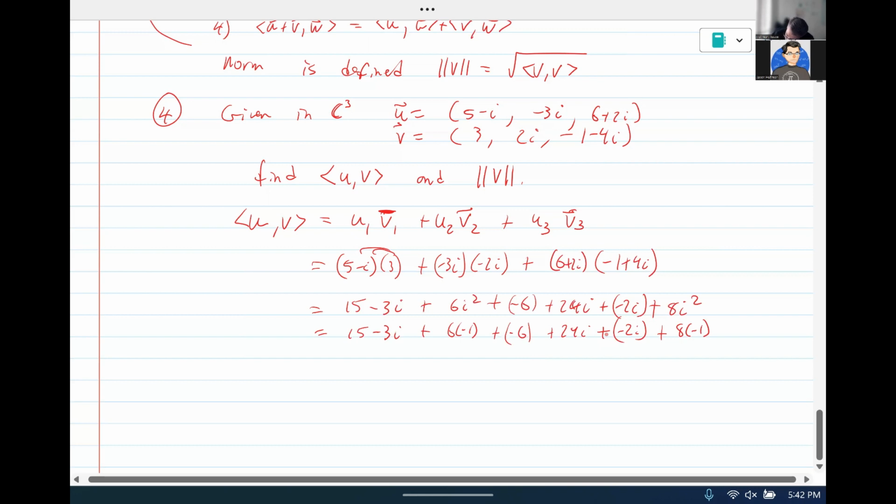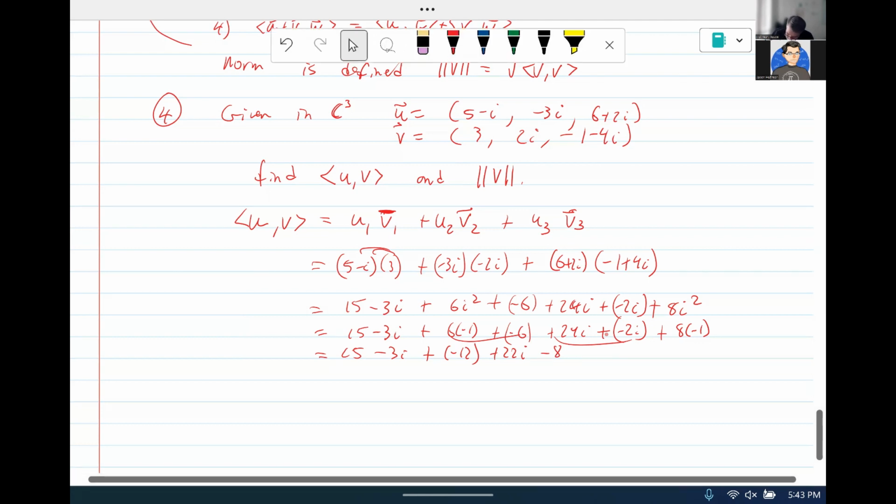So I'm going to get 15 minus 3i, negative 6 and negative 6 is negative 12, plus 24i minus 2i. I'm going to combine these and combine these, that's 22i, and then negative 8 minus 8.